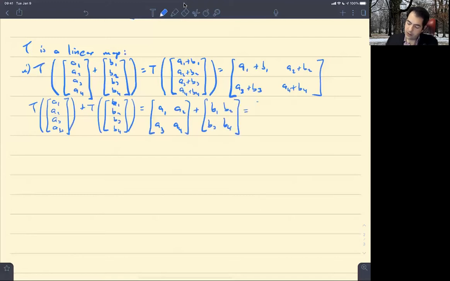And when you add those together, you would get A1 plus B1, A2 plus B2, A3 plus B3, A4 plus B4, right? So check, we got the same answer.